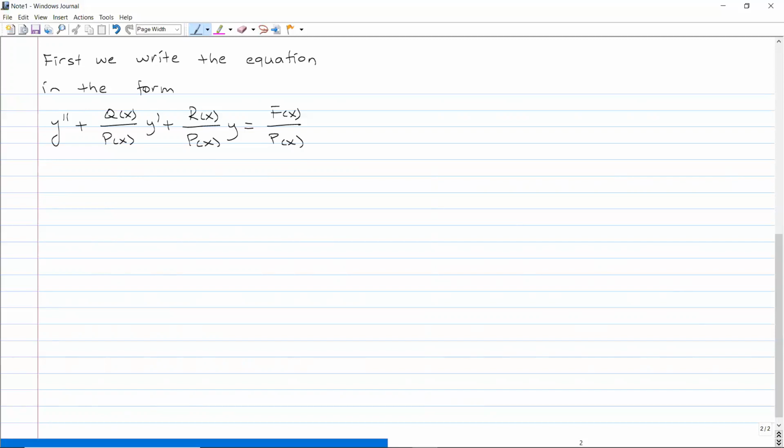Okay, now in order to have a solution around a point, these functions need to be continuous, differentiable. In fact, differentiable, I think, is enough. But they need to behave nicely around the point x0.